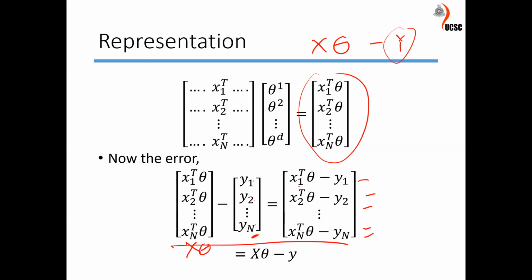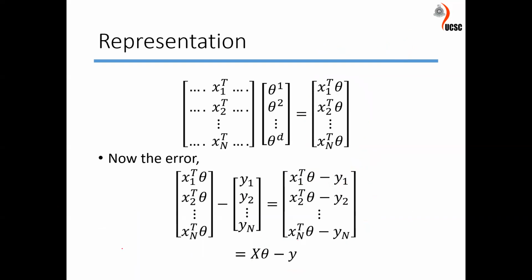So here, for the first data point, you take the transpose and multiply with your set of thetas, then subtract y1. This basically gives the error, right? So the generic one is x theta minus y.